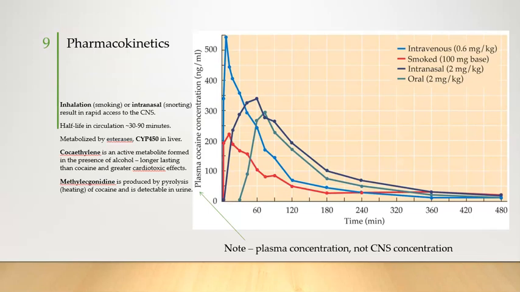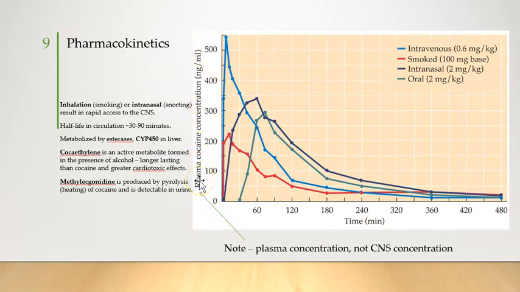Now, what are the pharmacokinetics of cocaine? Smoking and snorting cocaine are the most rapid ways to get cocaine into the central nervous system. Okay? So here we have time on the x-axis, and then plasma cocaine concentration on the y.